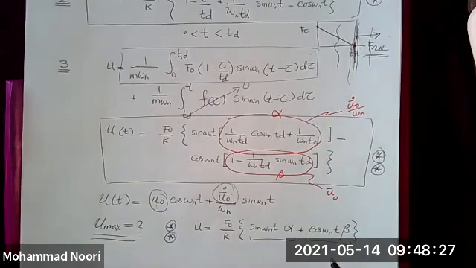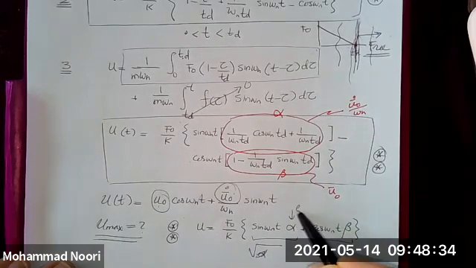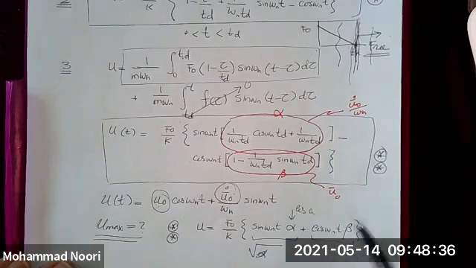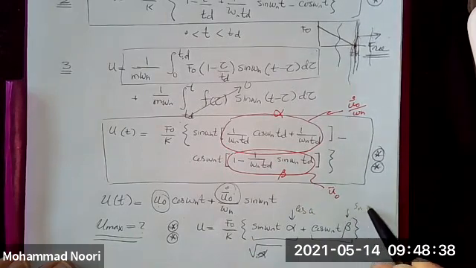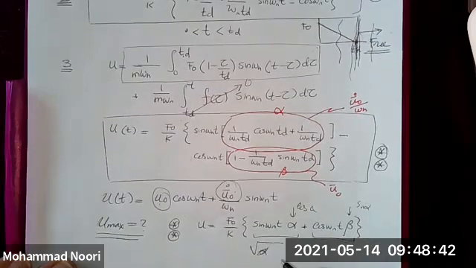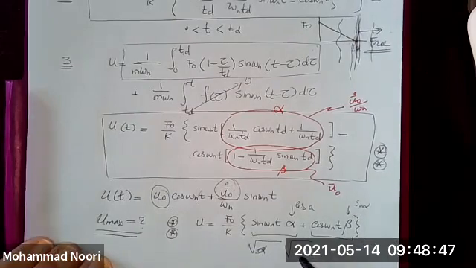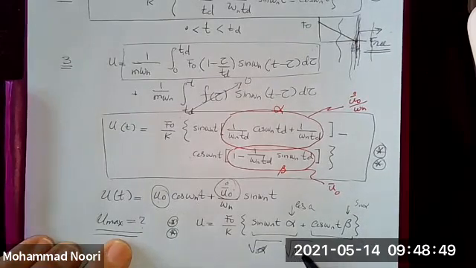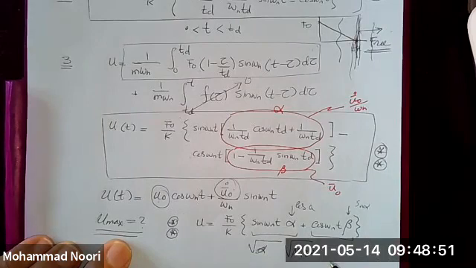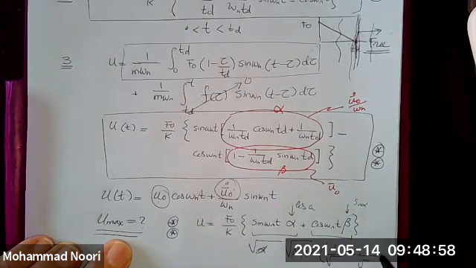Remember, you can always write this as a cosine of something, and this as a sine of something. So this whole thing comes down to writing it as the square root of a squared plus b squared times 1 over this sine plus 1 over this cosine.